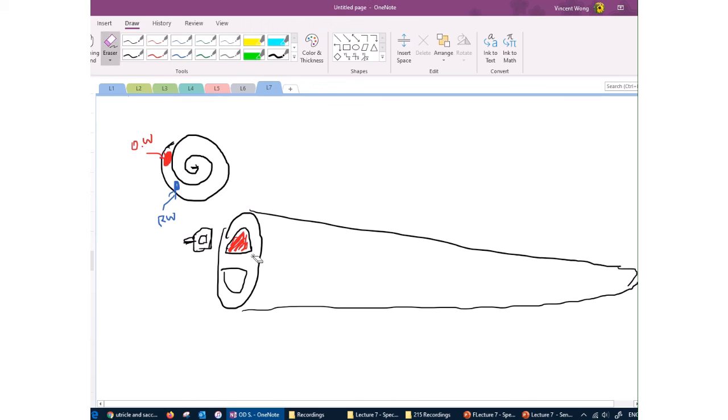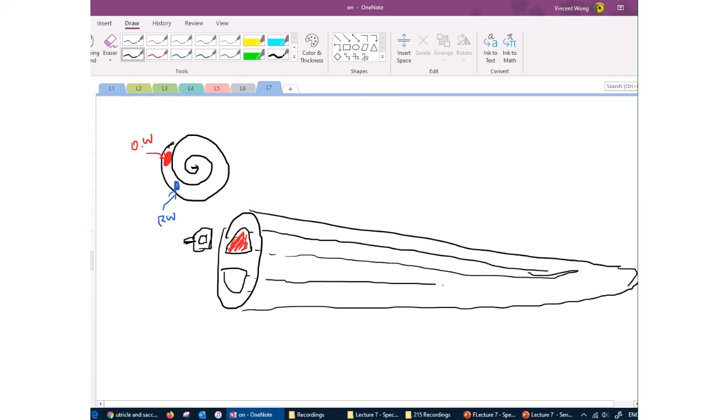There's the channel that goes all the way in, and it has fluids in it, and at the bottom there's another channel. In between, you will find a structure called the organ of Corti, and that's where the hair cells are embedded, like this, with the finger-like projections that we saw earlier. It's basically all over the place, but I'm just going to draw a few for simplicity's sake. And over here, again, is the round window.